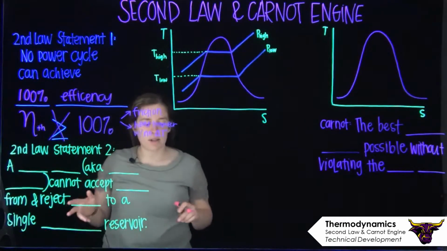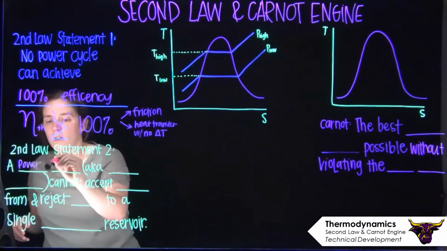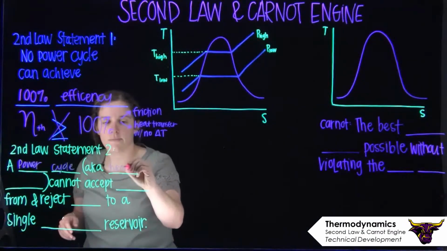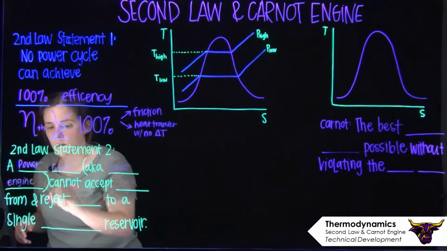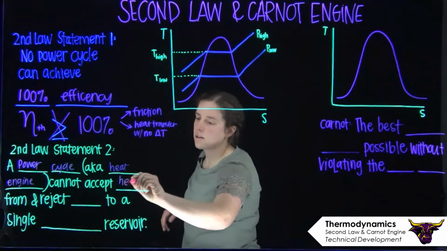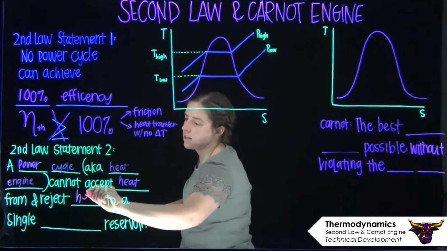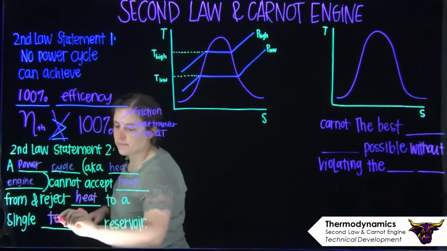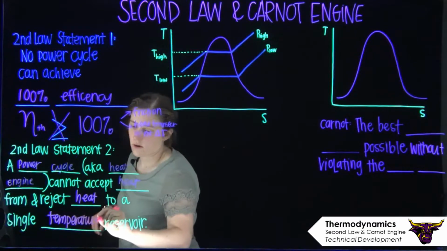So the second statement: a power cycle, which can also be known as a heat engine, cannot accept heat from and reject heat to a single temperature reservoir.